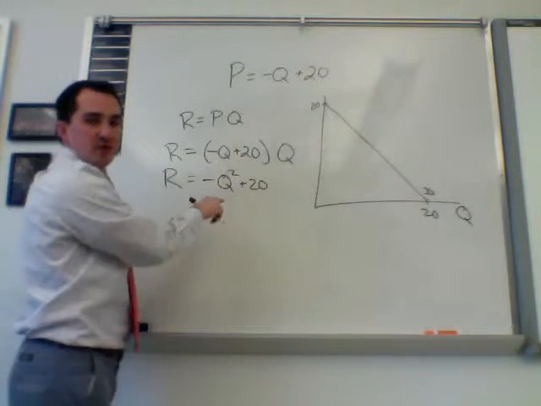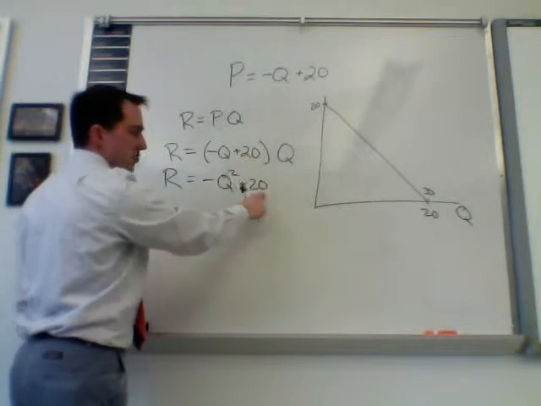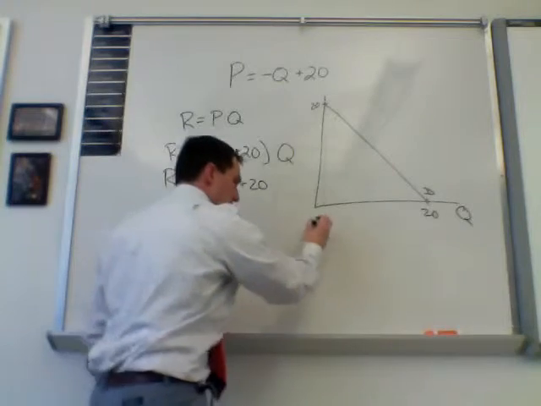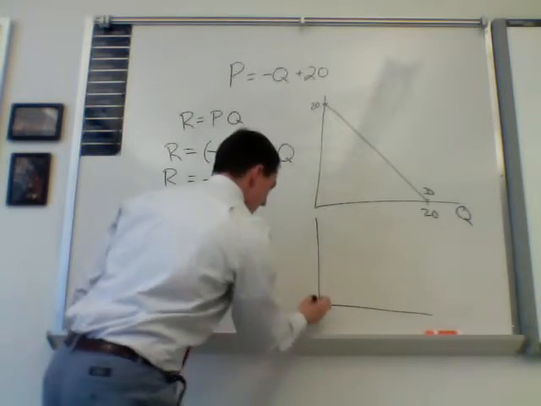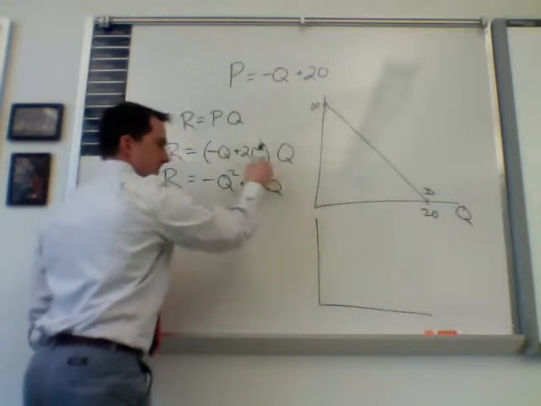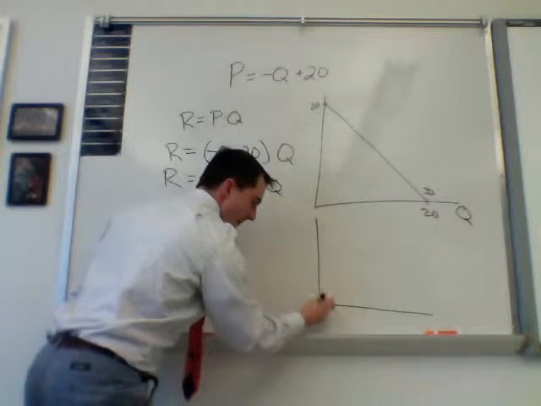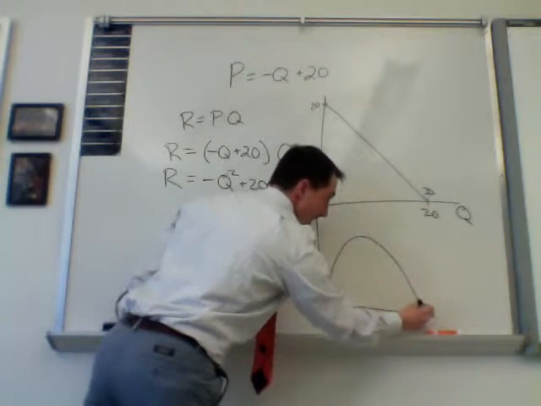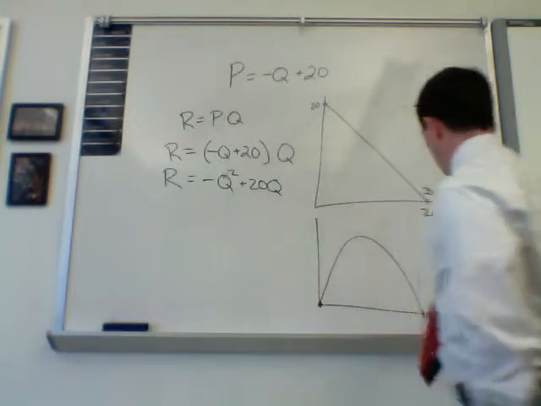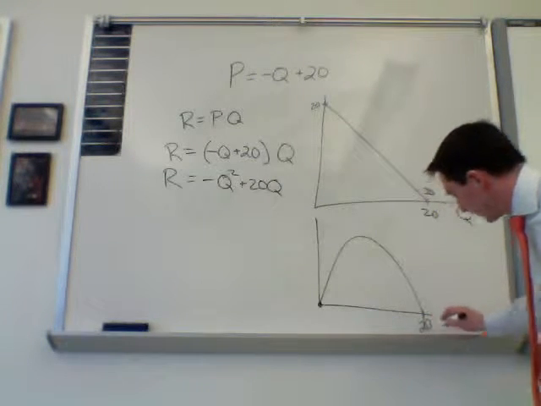This means that the revenue is -Q squared plus 20Q, which is actually an upside down parabola. I'm going to draw it right here.